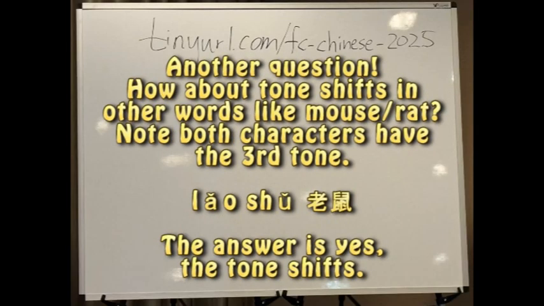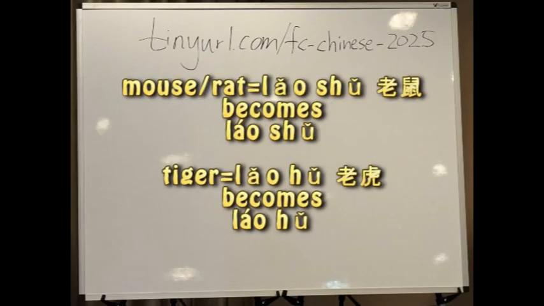So it happens for mouse as well, which is 老鼠. Yes. And 老虎, or tiger. Yeah, tiger. By the way, I never realized until you taught me the other day that there's this root, 老.